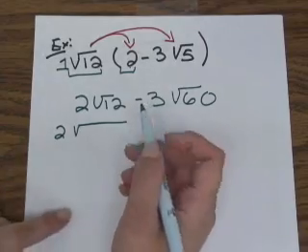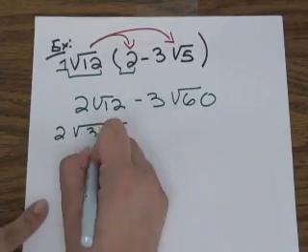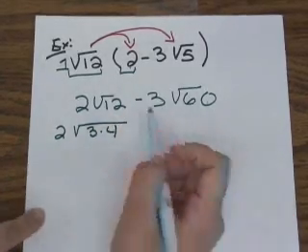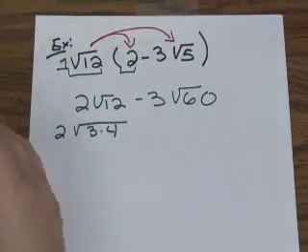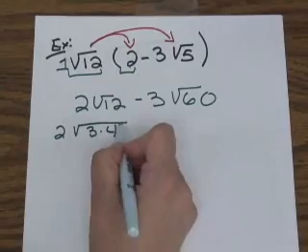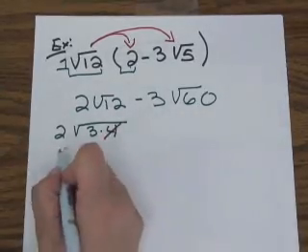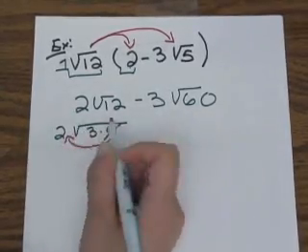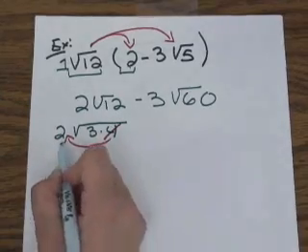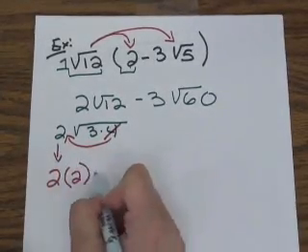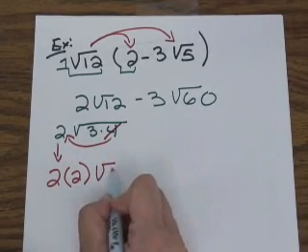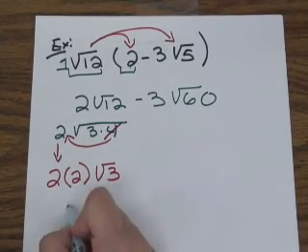So 12, we can use 3 times 4. Now 3 is not a perfect square, but 4 is, and that's why I chose it. So that means when I find the square root of 4, which is 2, I'm going to bring that 2 out and multiply it by the 2 that's in the front. So this 2 comes down, the square root of 4 is 2, and I cannot find the square root of 3, so that remains under the radical, and I'm just going to simplify this.